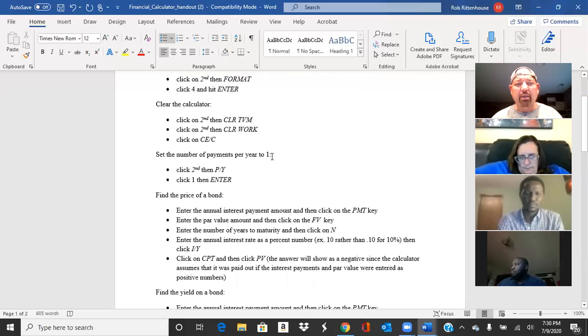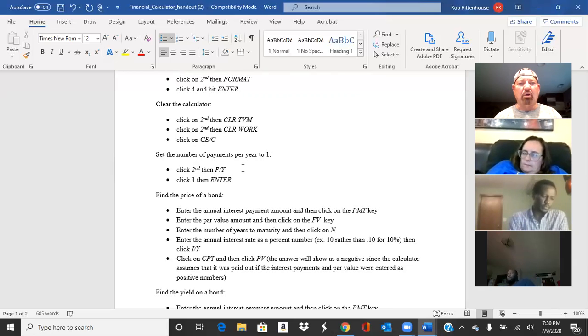The only other thing is to make sure that everybody's payments per year is set to 1. So I'm going to clear out my time value register again. Second, clear time value money. Second, clear work. And then clear again. Every time, these 3 steps.